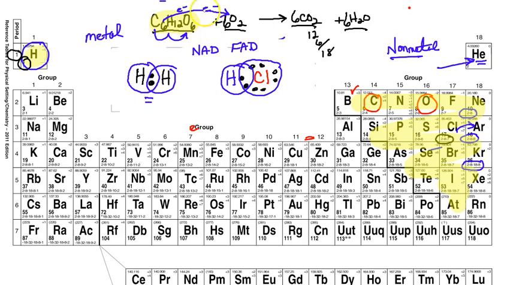It's not a transfer like in sodium chloride. Let me show you the subtlety. Carbon and hydrogen have almost the same attraction for electrons. So if I was to draw it, here's my carbon and here's my hydrogen. These electrons are almost shared right down the middle.